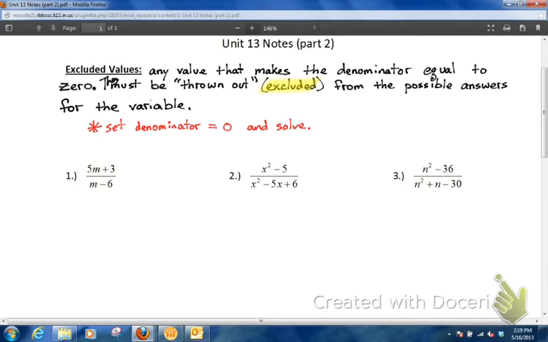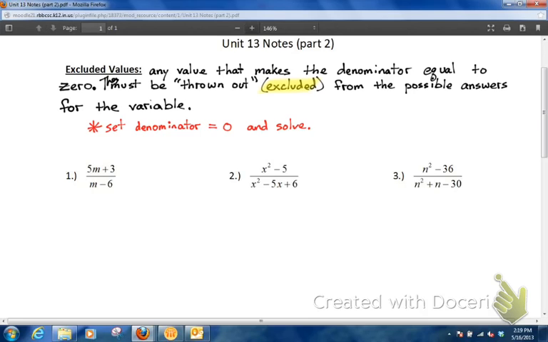There's nothing that can be done to this, but we can state the excluded values. Again, what we mean by excluded values is any number that is going to make this denominator 0. You're probably saying, I can tell right away that 6 is going to make the denominator 0, and that's correct.